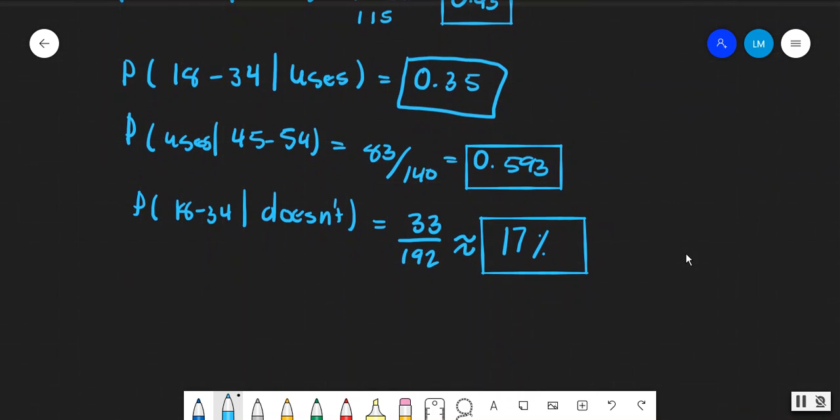Like those examples where we had cards and it was dependent, that was actually very special. If we were to look at selecting defective items and then not replacing them, that would be another case of dependency as well.